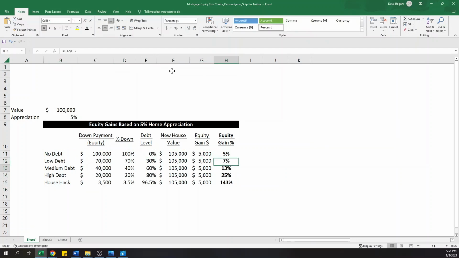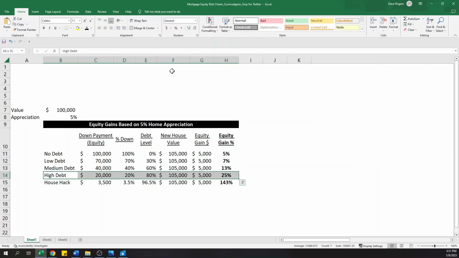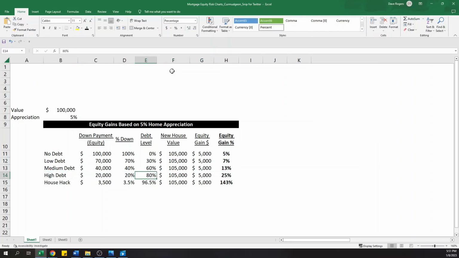Now, if we sort of extrapolate this, let's say we had $100,000 to invest, we could buy 5 houses using high debt and get a 25% return on each of those 5 houses instead of investing it all in one house to get a 5% return. And that's how you grow your portfolio using debt to really maximize your returns using leverage over the long term.